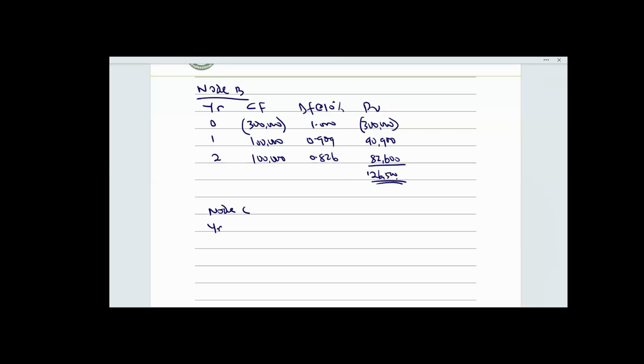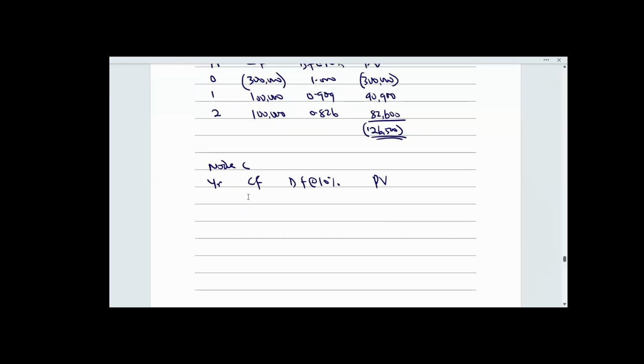Node C. Cash flow, discount factor at 10%, then present value. Year 0, 300,000.